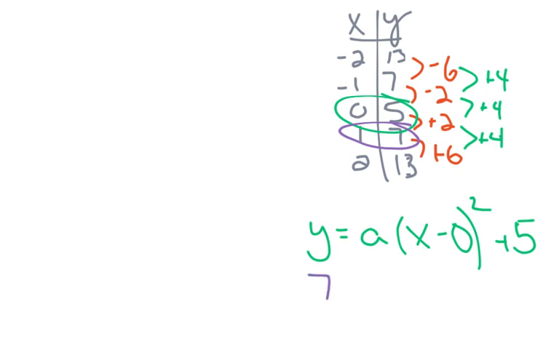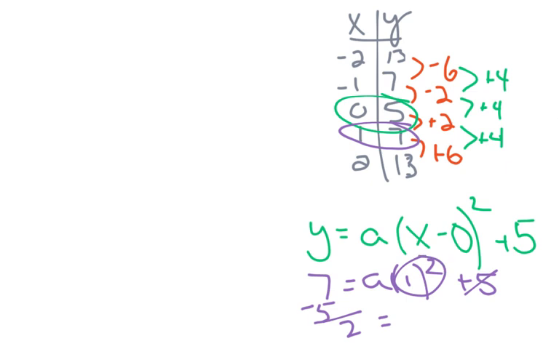So if I plug in 7 for the y and 1 for the x, so 1 minus 0 is 1. If I solve this, I'm going to get 2, because I'm going to subtract this across. I'm running out of room on this page, so 2 equals a, and this guy is 1, so 2 equals a. So right here is a 2. Now this does simplify to y equals 2x squared plus 5. So that's the table.